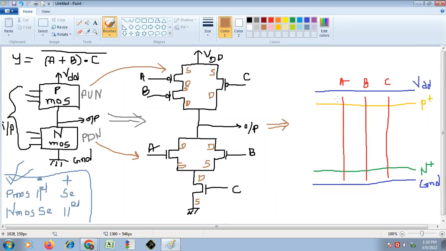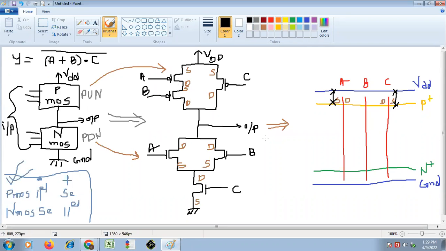So I will consider this as the source of A and this as the source of C, and obviously this will be the drain of A and this is the drain of C. Now the source of A we have connected with VDD, and also the source of C we have connected with VDD. Now we have finished with this.